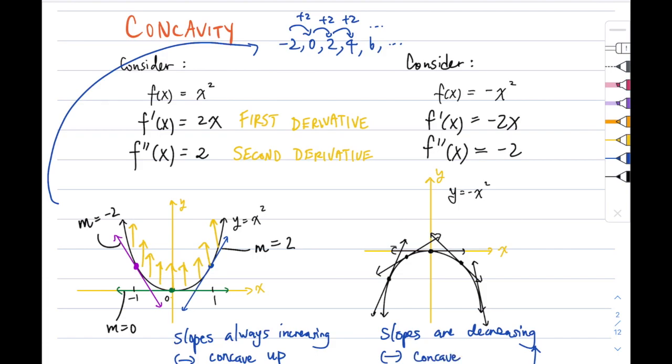So if the slopes are always decreasing, we call that curve a concave down curve. I'll represent that with arrows kind of pointing downwards. The curve is almost facing downward, or it kind of flexes away from the x-axis in the downward direction.